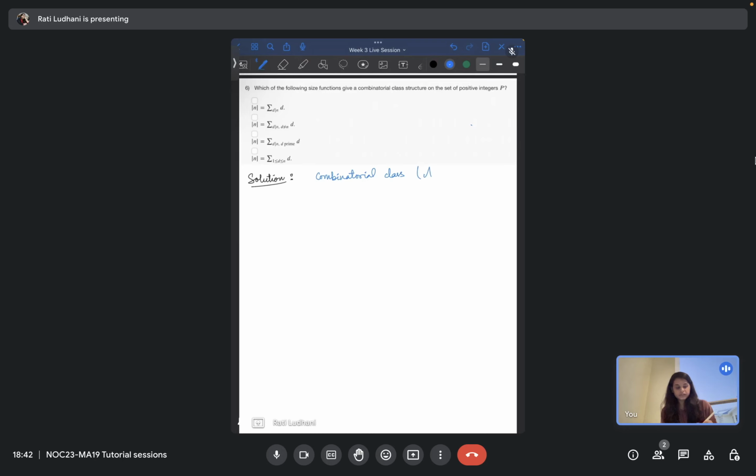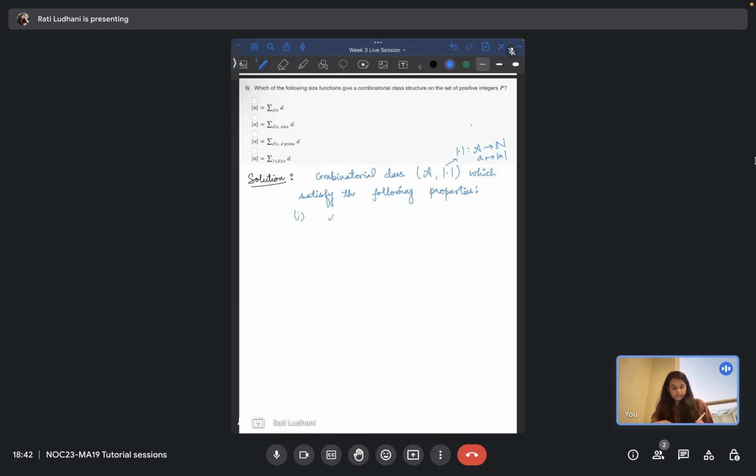This is a set A with some size function which satisfies the following properties. This size function is going from A to N. So any element of A is mapping to something, and we write it like this. So this combinatorial class satisfies the following properties.